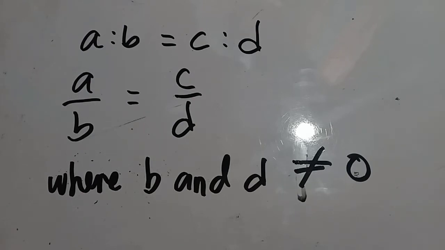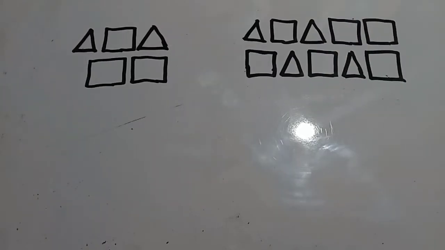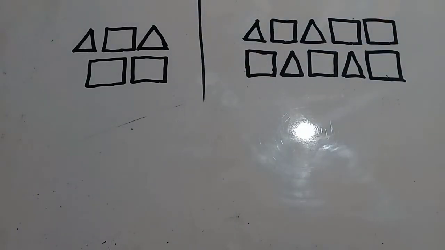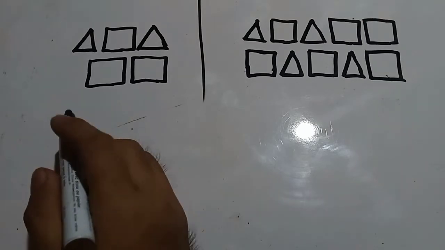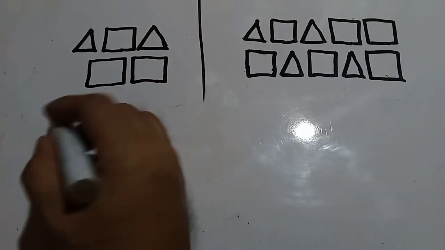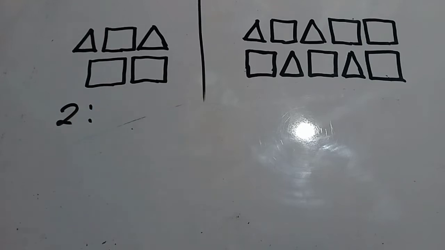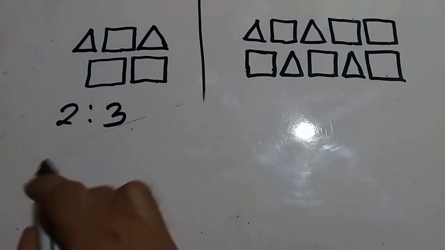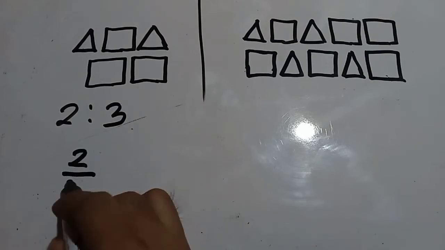Okay, for example, what have you observed? The first part, how many triangles do we have? So let's say meron po tayong 2. 2 is to what? How many squares? That is 3, or can be written as 2 over 3.